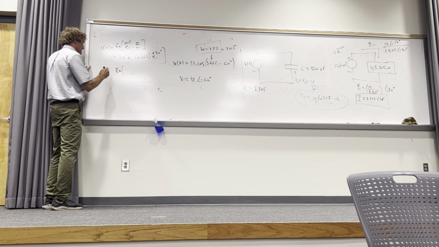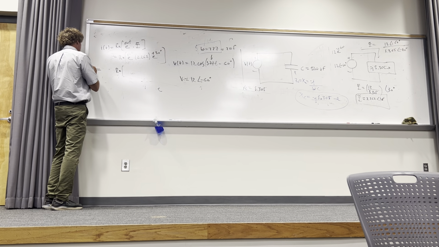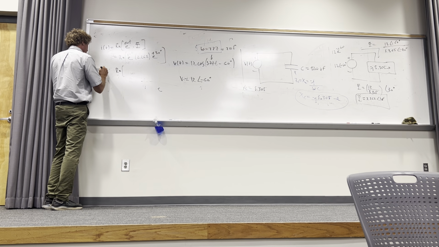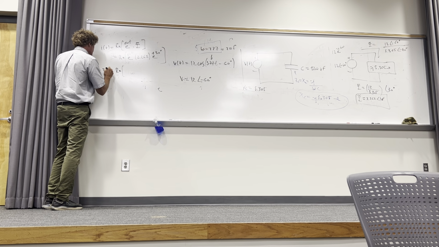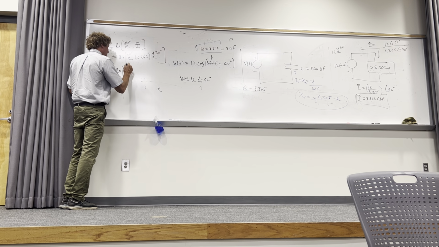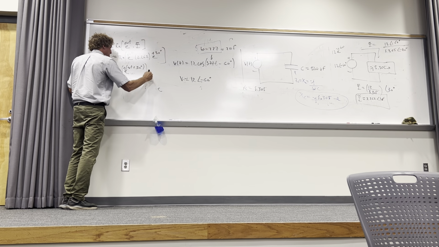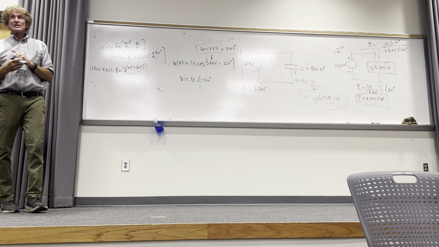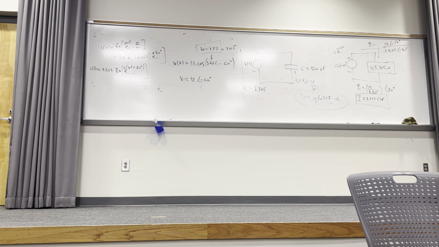So this equals my I of t: 2.262, real part of e to the j of omega t plus 30 degrees. Now I'm saying this one more time. That should be 30 times pi over 6, or change to radians. Do you all follow me on this?